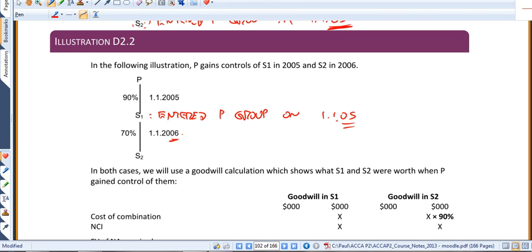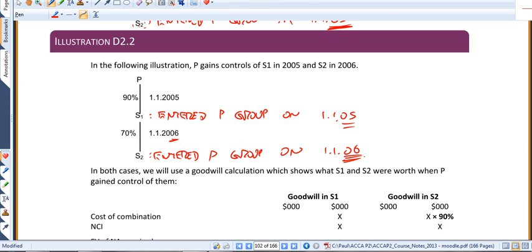Probably because we, P, told S1 to go and buy S2. Don't forget, we control S1. And so, in terms of when S2 entered the P group, well, S2 entered the P group on the 1st of January 06.